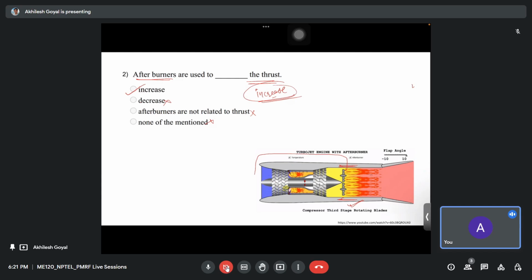Okay, so that's why afterburners are used for increasing the thrust. So option 1 is correct here. So now let's move to the next question.